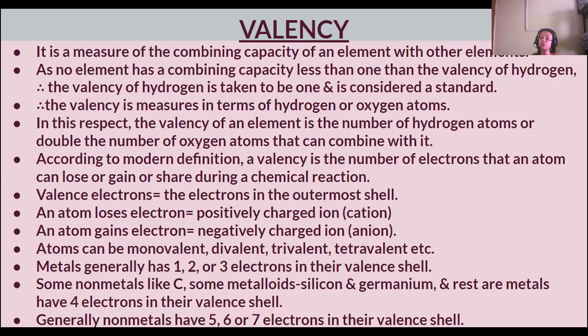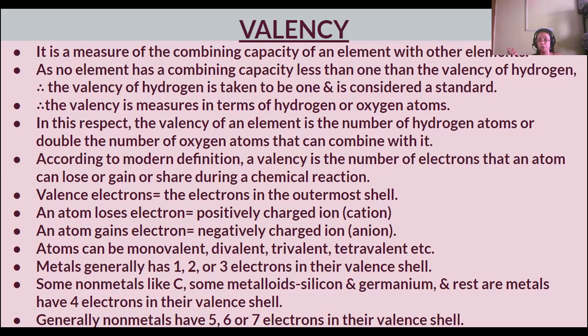According to the modern definition, valency is the number of electrons that an atom can lose, gain or share during a chemical reaction. We know that in an atom, the outer orbit has the valence electrons. From that shell or orbit, electrons are either taken from some other element, or given to some other element in a chemical reaction, or they can be shared also.